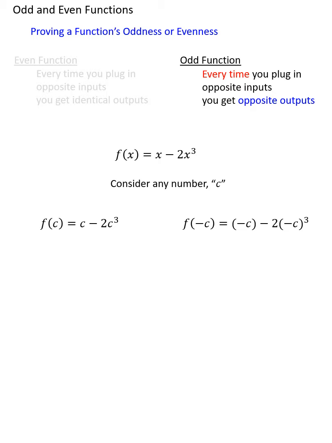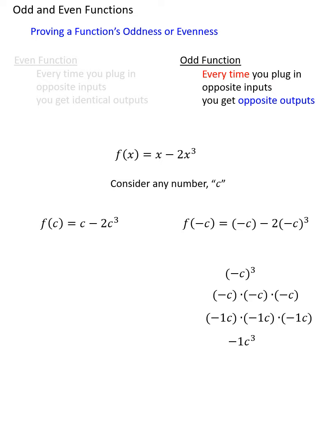Now let's work out the algebra that's on the right side of your screen. Just a reminder for the negative c cubed portion, negative c quantity cubed means negative c times negative c times negative c, which means this. Negative 1 times negative 1 times negative 1 is negative 1.